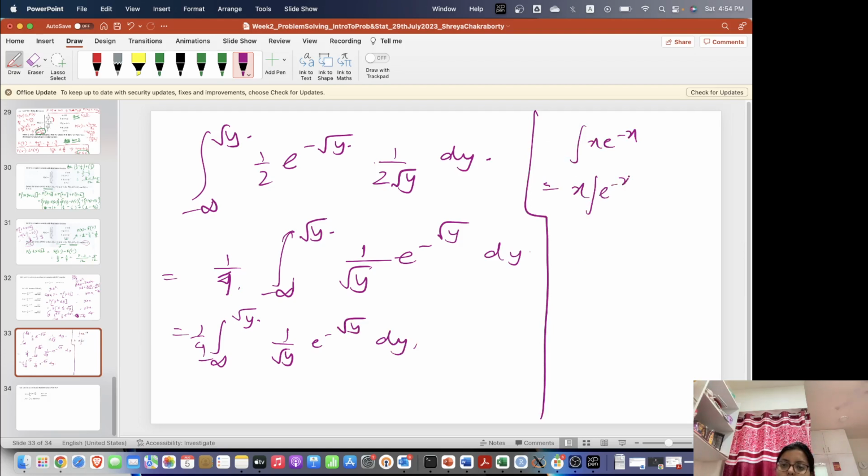X integration of e to the power minus x, minus the integral of d dx of x times integration of e to the power minus x, so x e to the power minus x minus e to the power minus x.